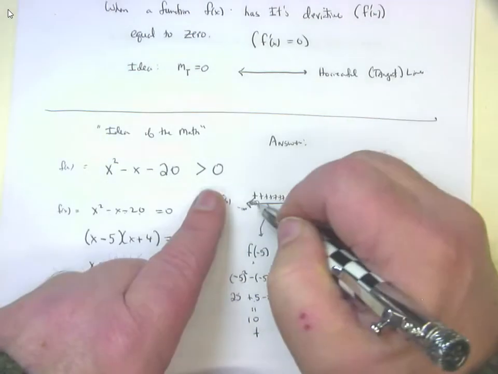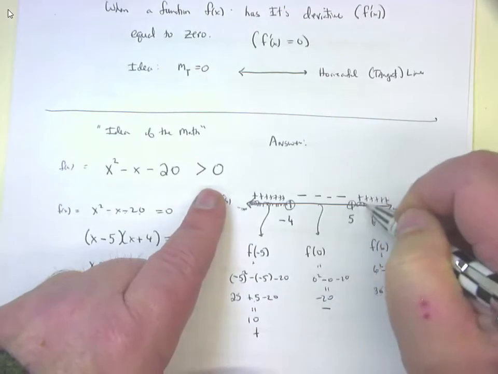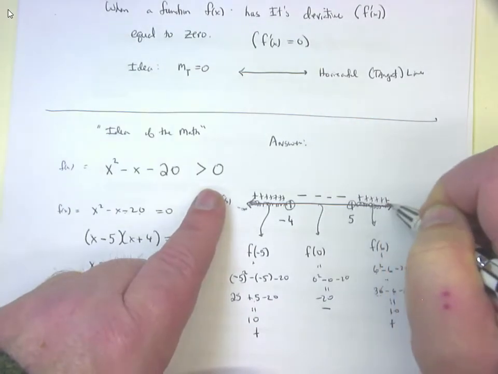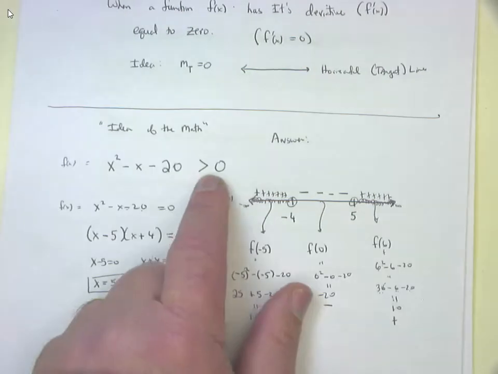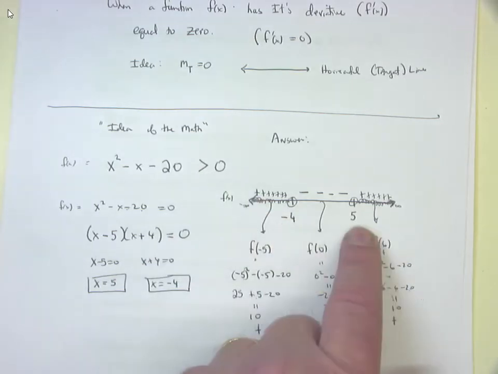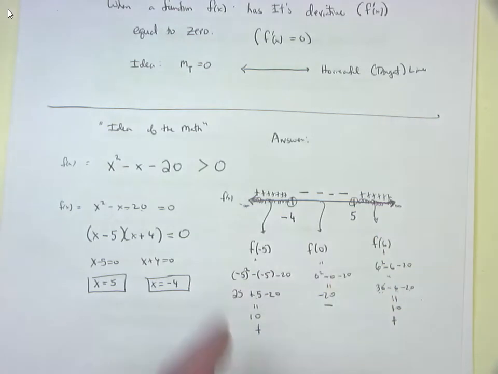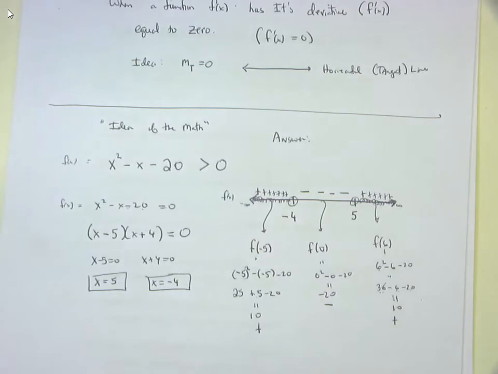It's positive from negative infinity up to negative 4 and from 5 to infinity. And here's the deal. Because eventually we're going to talk about this concept of increase and decrease, this will always be a greater than or less than, never equal to. And because of that, we do not want the points at negative 4 and 5 in our interval because that's where they're equal to 0. So we always use open parentheses with this stuff.